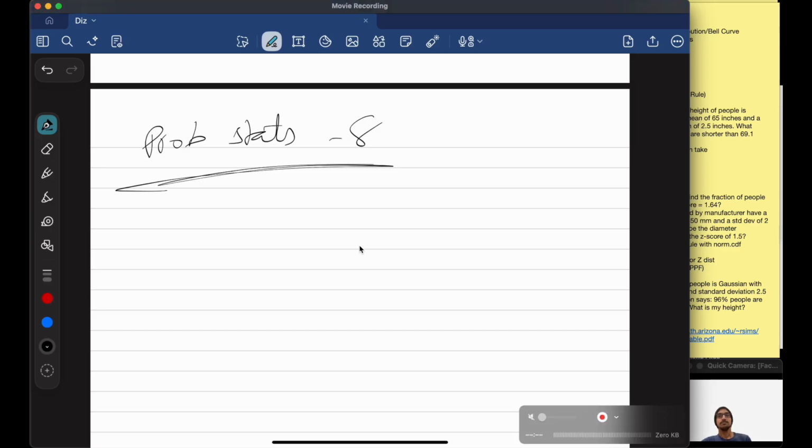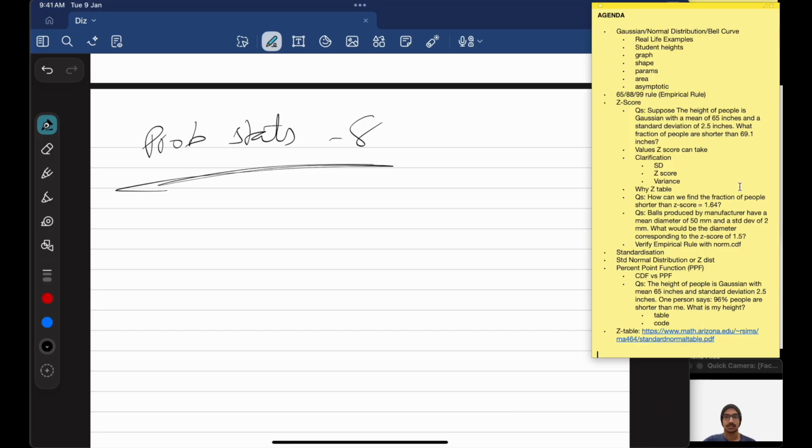So in this class, we'll be looking at a very important topic, which is called normal distribution, also called Gaussian distribution, or also called bell curve. You must have seen the bell curve. It's a pretty famous thing.